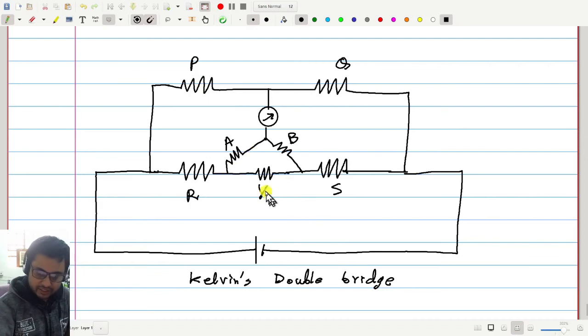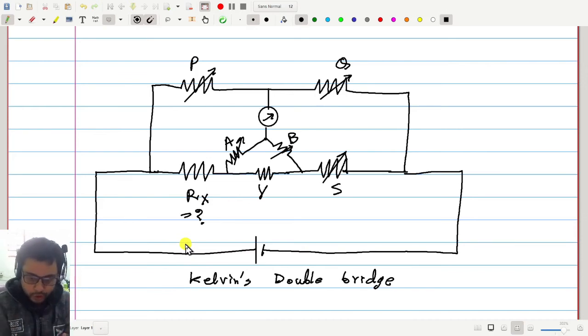In this bridge, P, Q, A, B and one among R and S are known and variables. Maybe this, R may be the unknown. Okay, fine. Now, the way to use this bridge is you connect them in this way and then vary this P, Q, A, B, S until you get the balance or null in the meter.